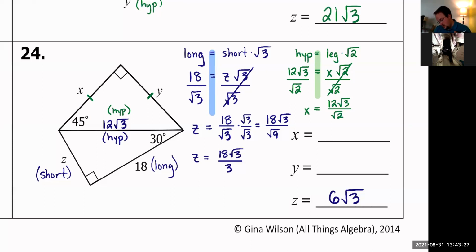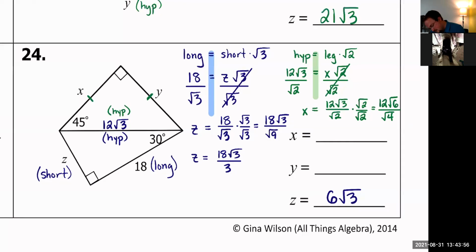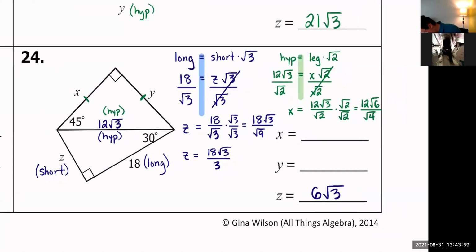Ugh. Why would he be so mean? Why would he give this to us? Jeez. Getting that square root of 2 out of the bottom, I'm going to multiply by my fancy 1, which is square root of 2 over square root of 2, which is going to give me 12 square root of 3, excuse me, square root of 6 over the square root of 4, which equals 12 square roots of 6 over 2.